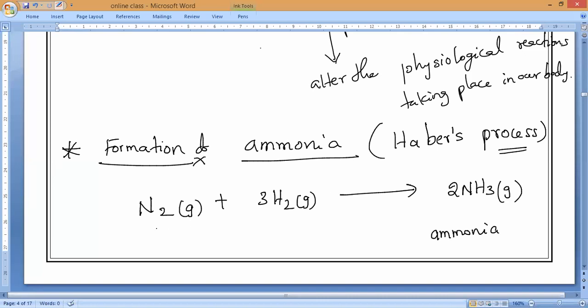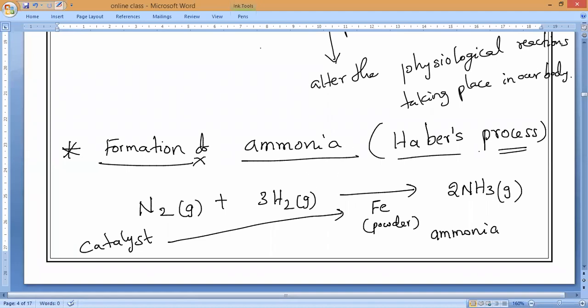Here we will use a catalyst. What is the catalyst we use? Any idea? The catalyst is iron powder. We represent the catalyst below the arrow. Do you understand? So what is the catalyst used in the production of ammonia, the Haber process?